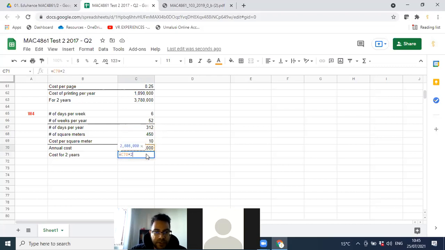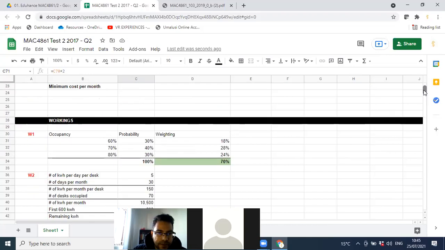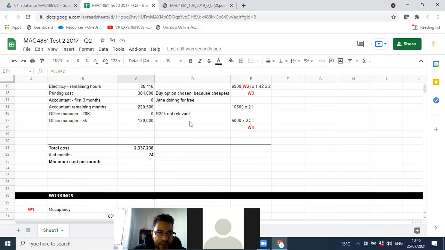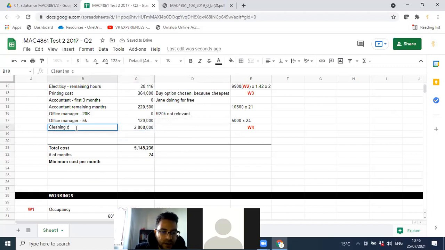So 2808, whatever that is. So this here is C71. It's going to be equal C71. So this is cleaning costs.